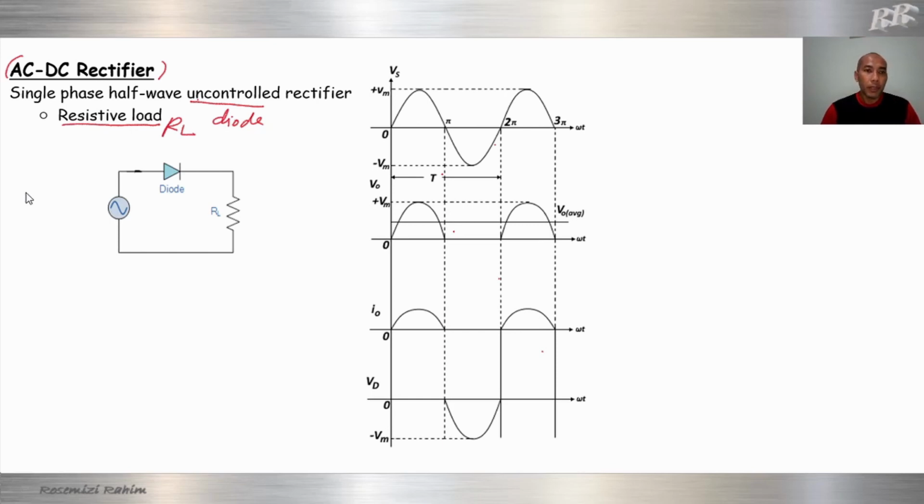Okay, this circuit shows a half wave rectifier. We know that a rectifier converts from AC to DC. The input is AC, the input side is here, and the output side will be here. Our input is AC, so we know that for AC we have a sinusoidal.